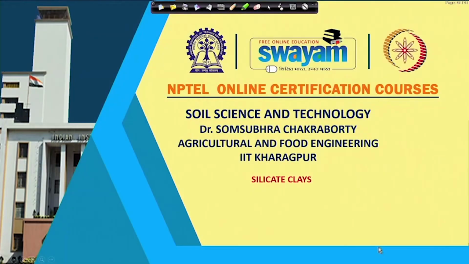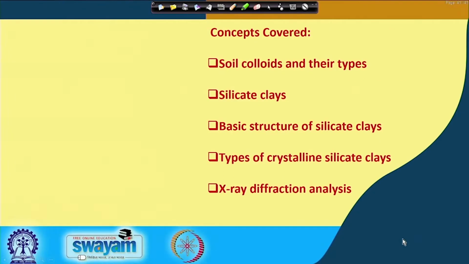It will probably take two consecutive lectures to complete the silicate clays, but we'll try to cover the following concepts: soil colloids and their types, what silicate clays are, the basic structures of silicate clays, types of crystalline silicate clays, and then X-ray diffraction analysis.